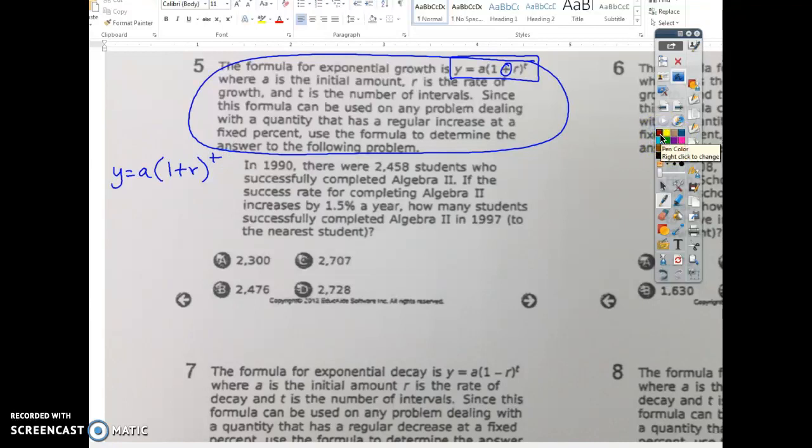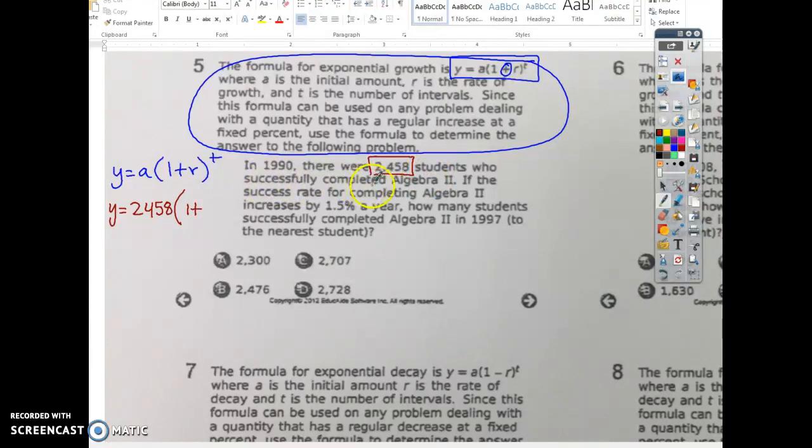The second part, this is where the actual problem comes in. It says that in 1999, there were 2,450 students. So that's what you start with. Y equals 2,450 students. And it's going to be 1 plus because that's what is set up here. Okay? Let's keep reading.